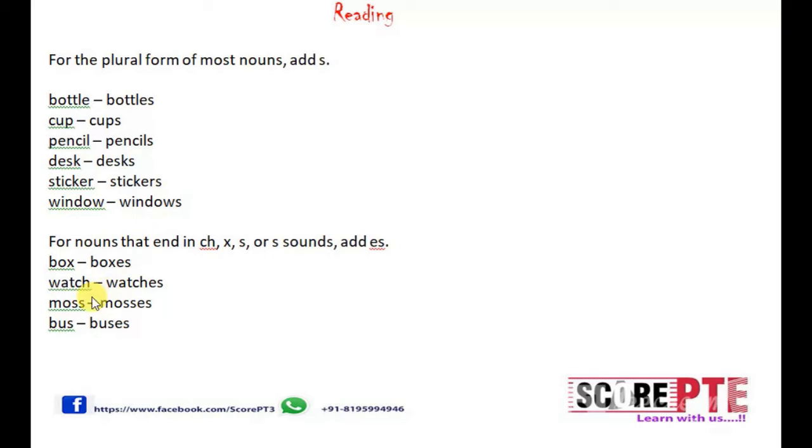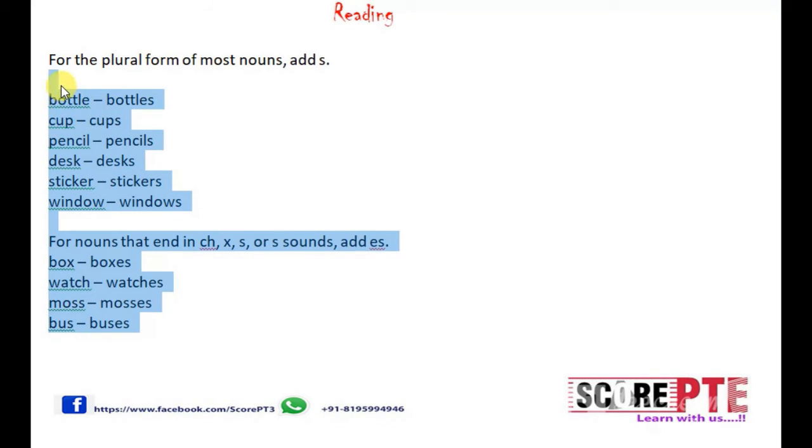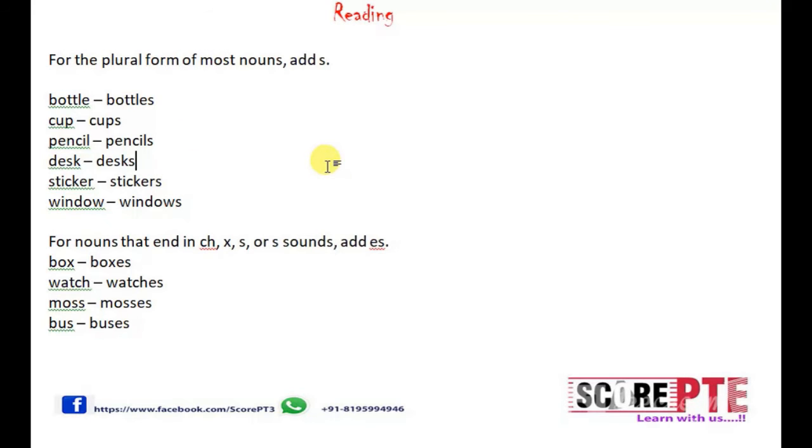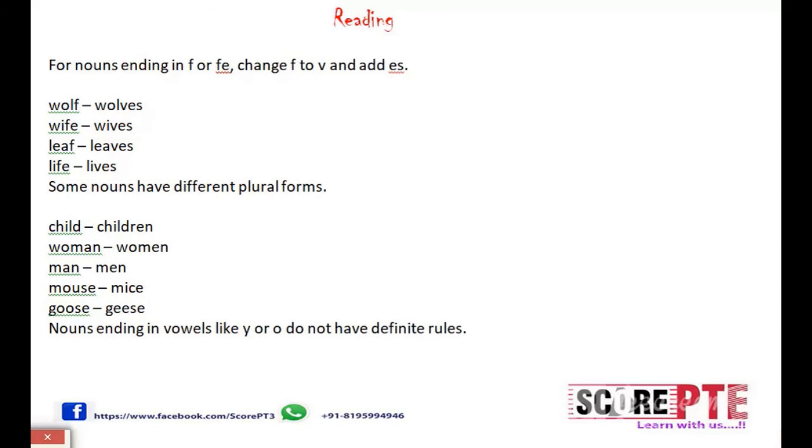Boxes, watch, watches, moss, mosses, bus, buses. So try to learn this singular plural as much as possible. Why? Because it is going to be used in your fill in the blanks. Now this is another example of singular plural.